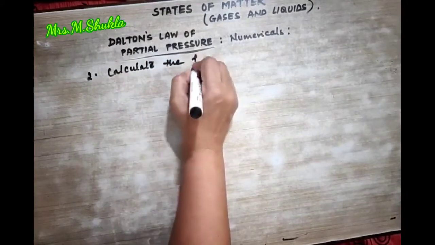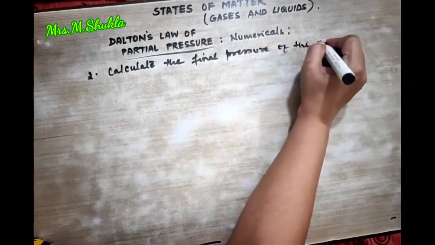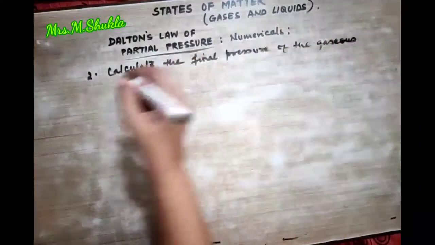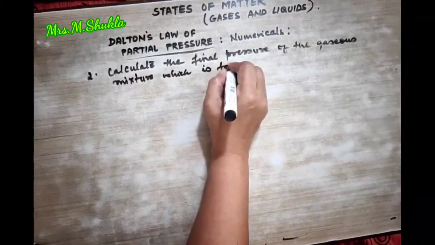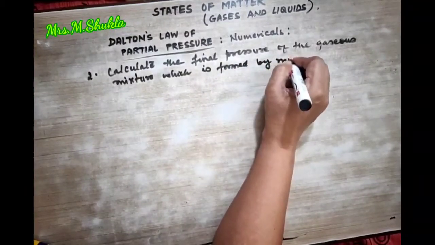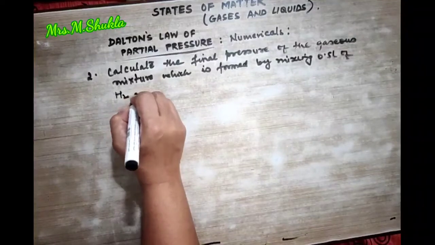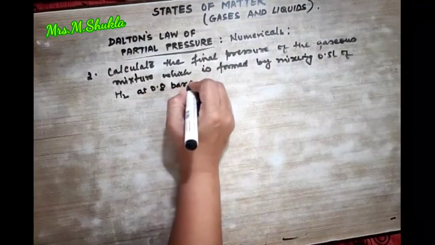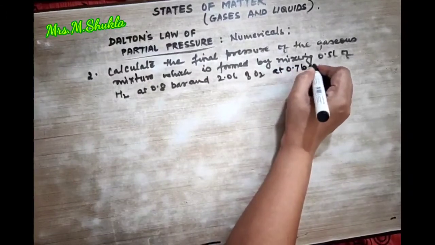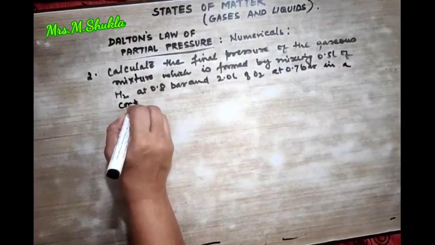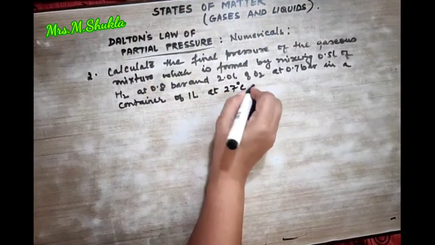Calculate the final pressure of the gaseous mixture which is formed by mixing 0.5 liters of hydrogen at 0.8 bars and 2 liters of oxygen at 0.7 bar in a container of 1 liter at 27 degrees Celsius.